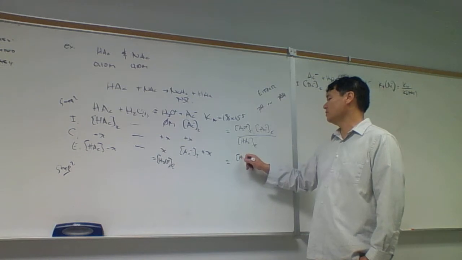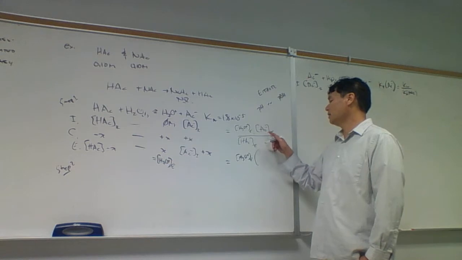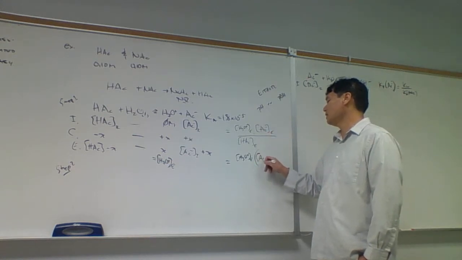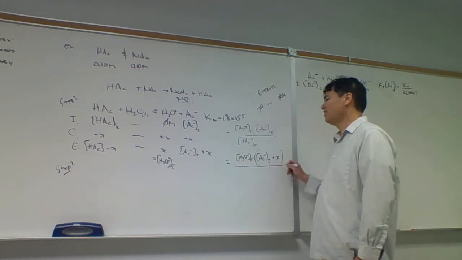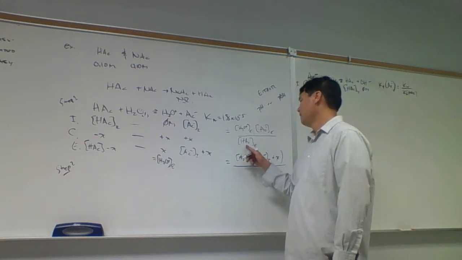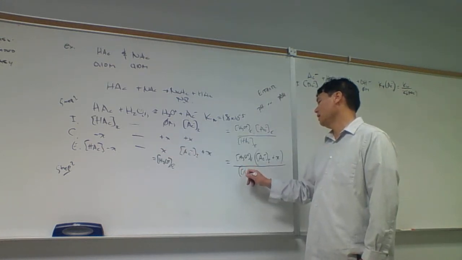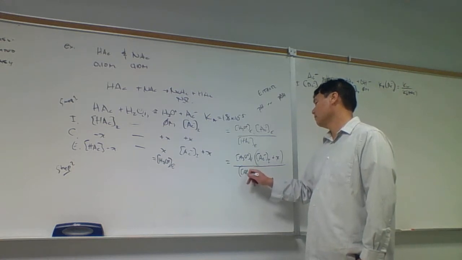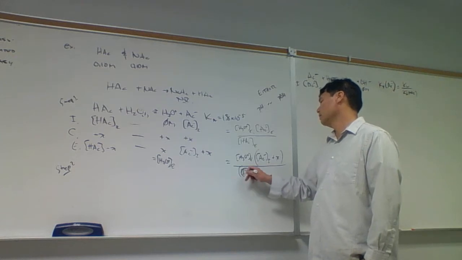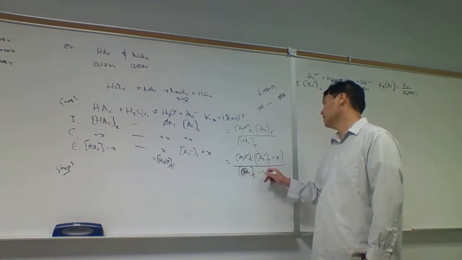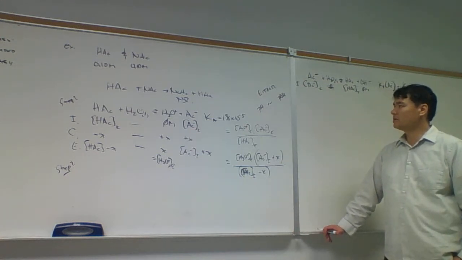Ka is going to equal the hydronium ion concentration at the end of step 1, times the acetate ion concentration at the end of step 1, which is equal to the acetate concentration initial plus X, divided by the acetic acid concentration at the end of step 1, which is just equal to the acetic acid initial minus X.